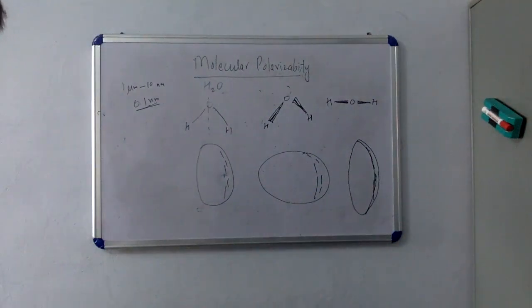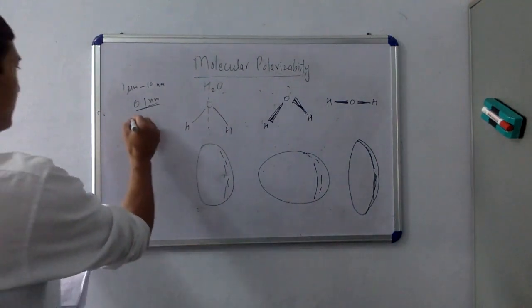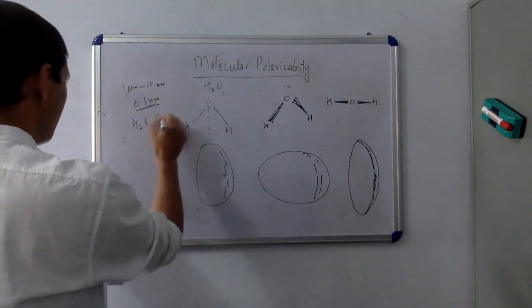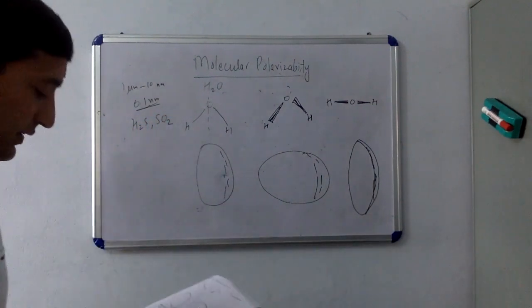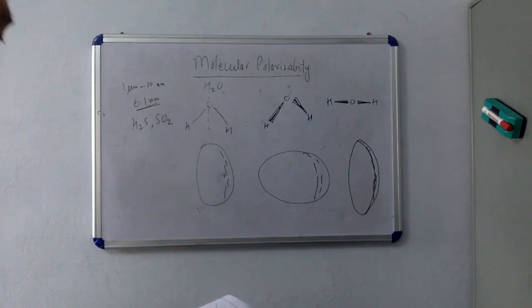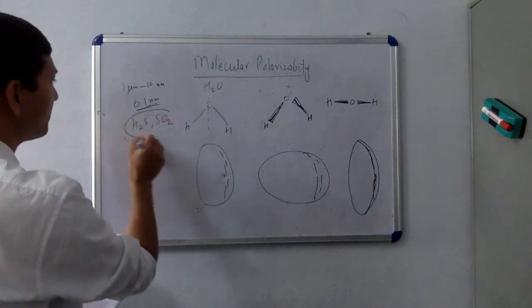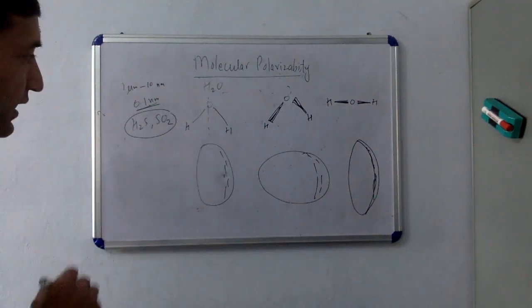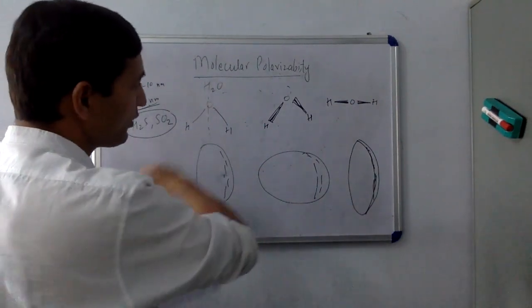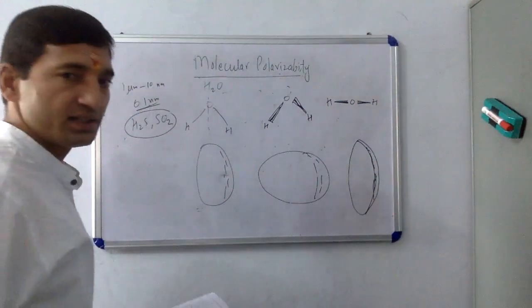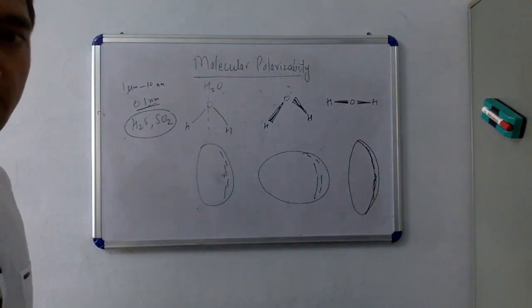So all three of the ellipsoid axes are different. The ellipsoid is represented in this fashion. Other such molecules are H2S and SO2, which have a similarly shaped ellipsoid but with different dimensions, because their charges are different, and that decides the dimensions of the major axis and the minor axis.